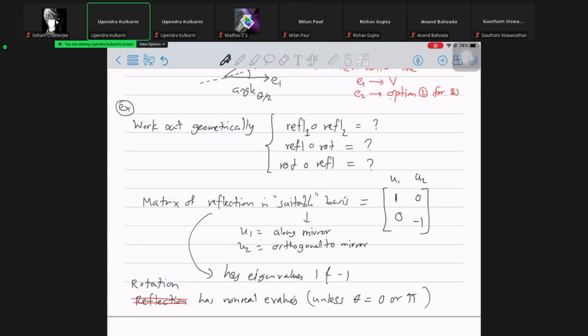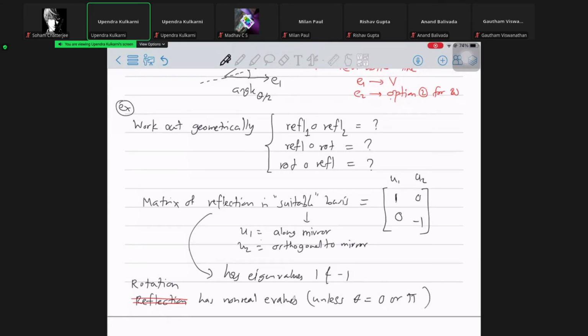Do you see? Reflection in the plane spanned by... Okay, maybe I'm just talking without being clear, so you should work this out for yourself. f1 was fixed, and in the plane orthogonal to it I chose vectors such that f2 was fixed and f3 got mapped to minus of itself.